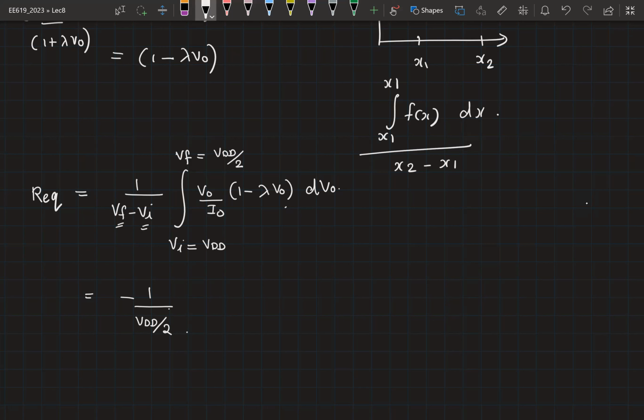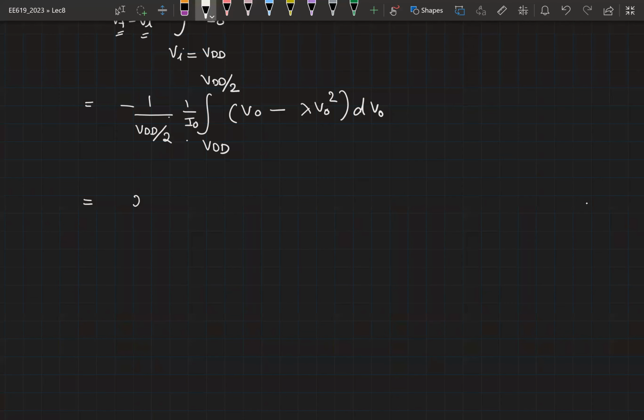So you'll get minus 1 by VDD by 2, integration from VDD to VDD by 2. I naught is a constant, I can take it out. Then this is V naught minus lambda V naught square times dV naught. So I have 2 by VDD into I naught. I use a negative sign to flip the limits.